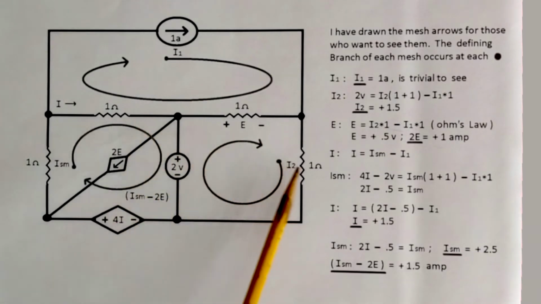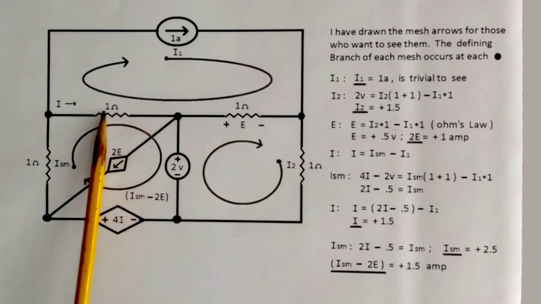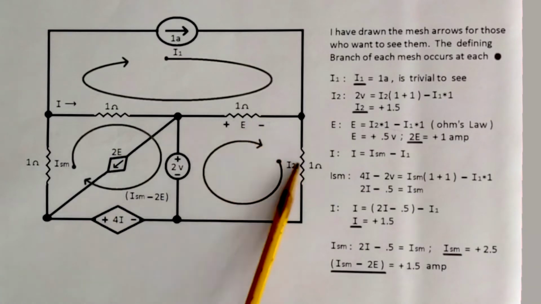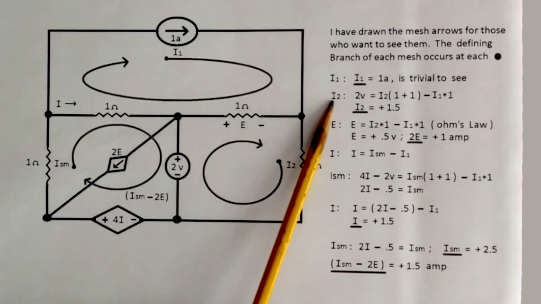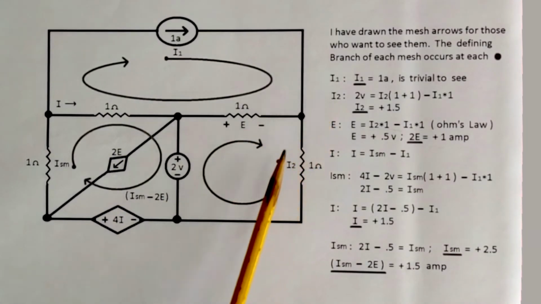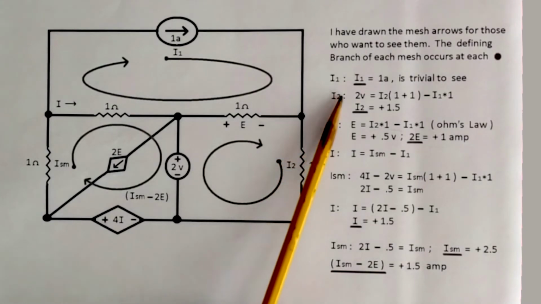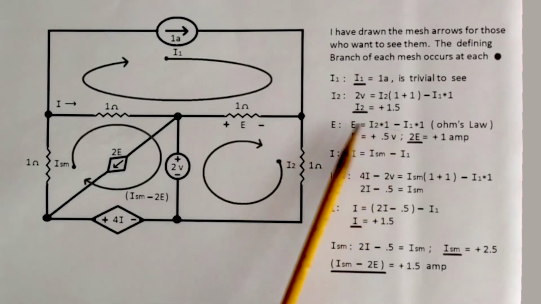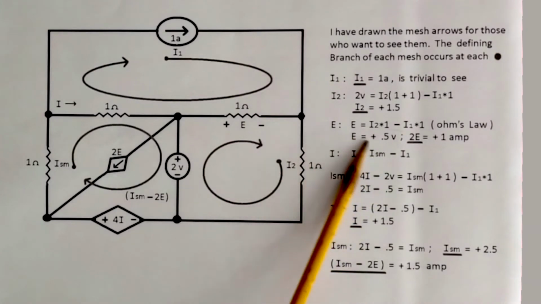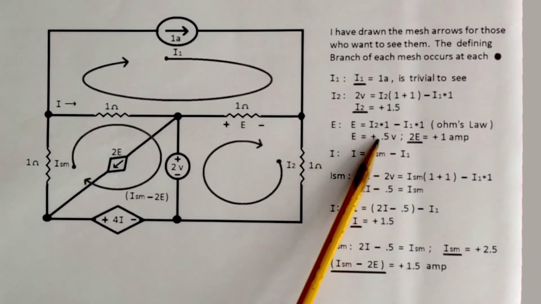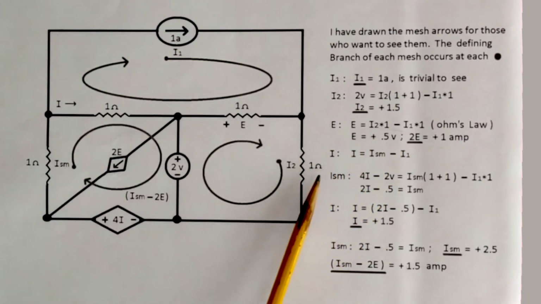Again, there's no need to label anything else. Do it the way you need to do it. But here's the equation for I2. This allows us to finish, of course, the result for the E voltage, which is positive 0.5 volts.